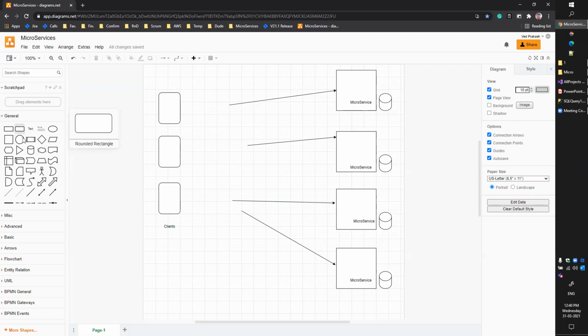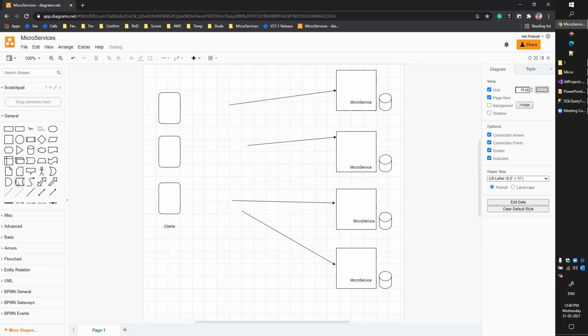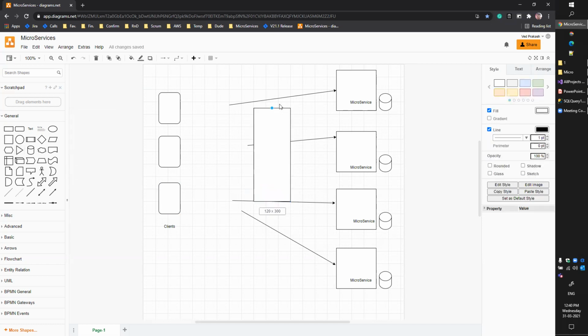So let me bring something into the picture. The upper rectangle, yes. Right. So now I have brought, say, an API gateway into the picture.